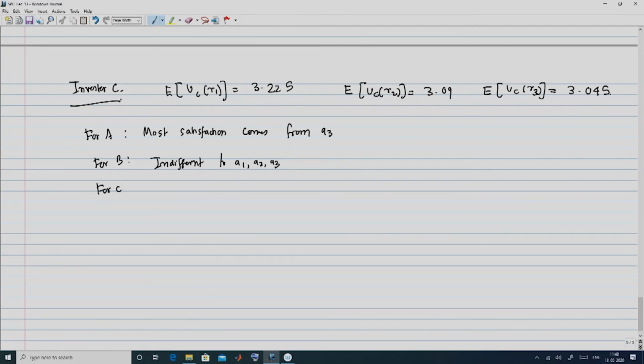And for C, you see the values 3.225, 3.09 and 3.045. So, in case of investor C, the highest value of the expected utility is 3.225, so the most satisfaction comes from A1.